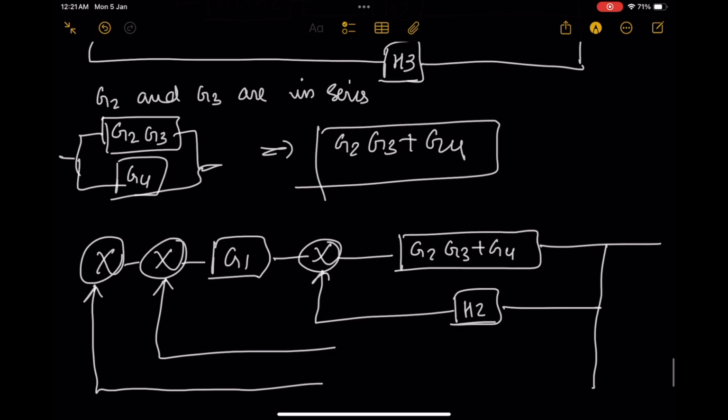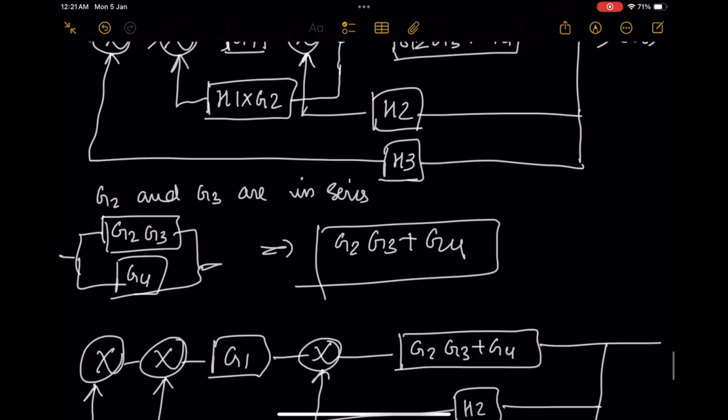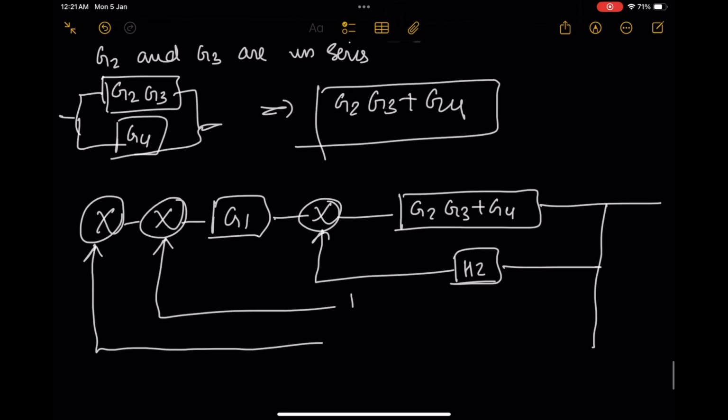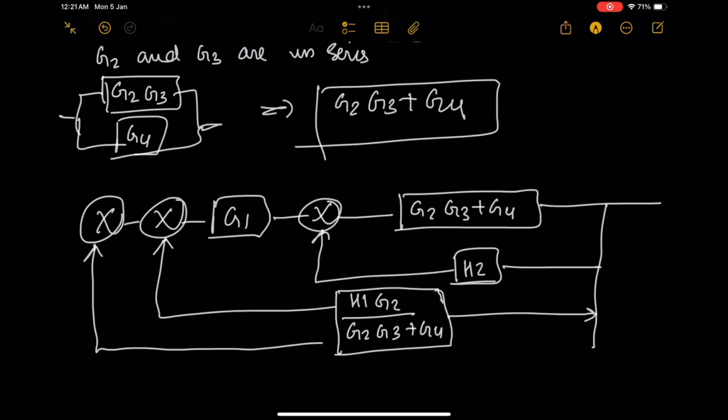But here it was H1G2, but as I moved it from here to here, it will be H1G2 divided by G2G3 plus G4. So that will be a block. Then the outermost one, that is H3.